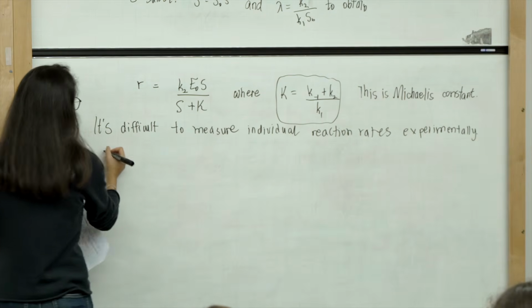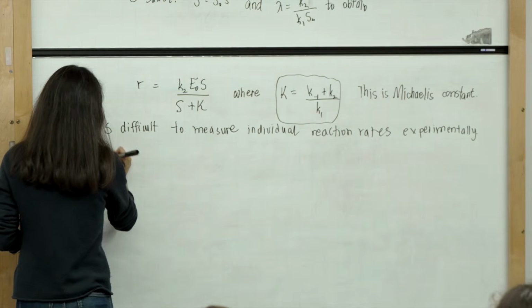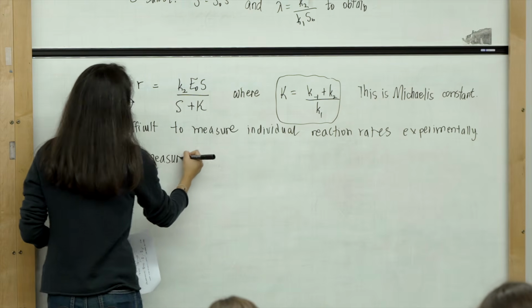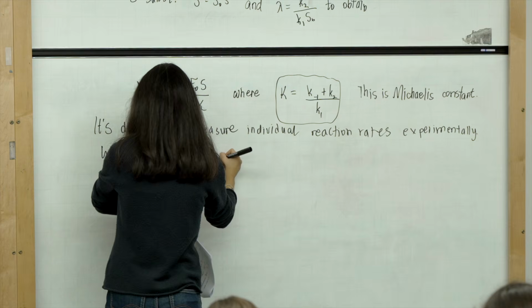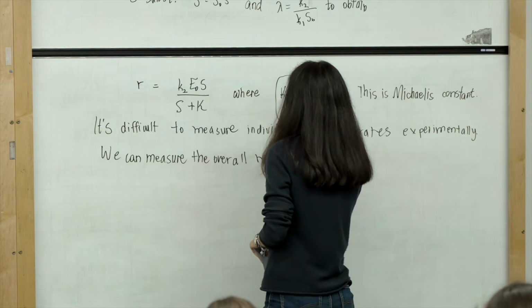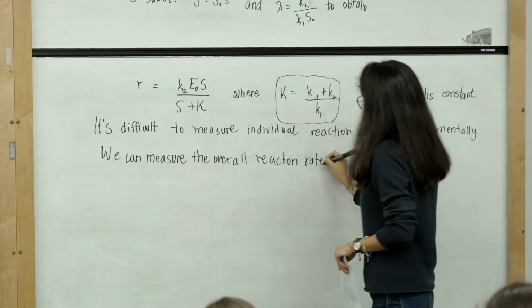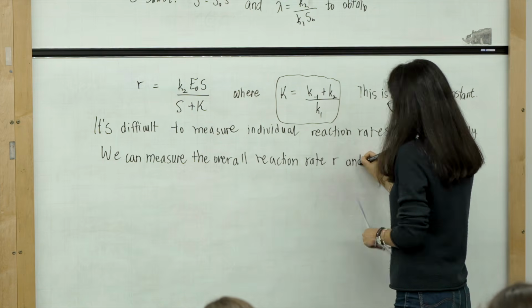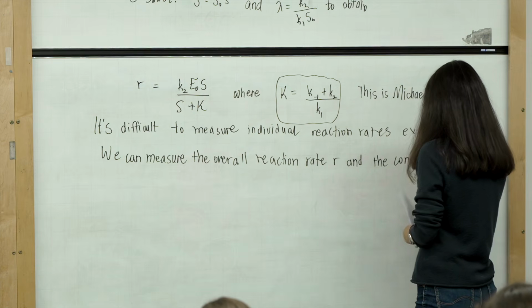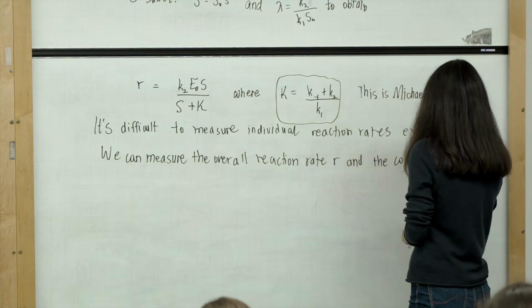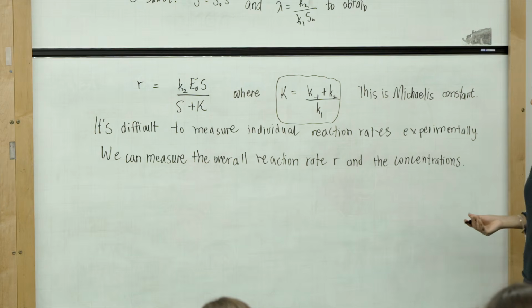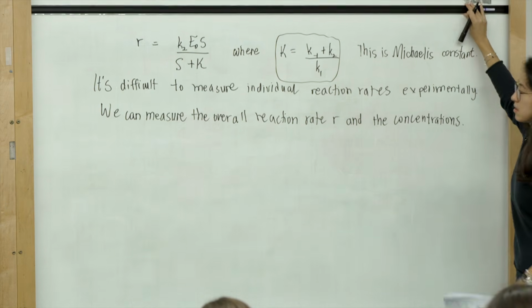So we can measure the overall reaction rate R and concentrations. So for this, of course, you have to be given again an initial substrate concentration, which is the S0.